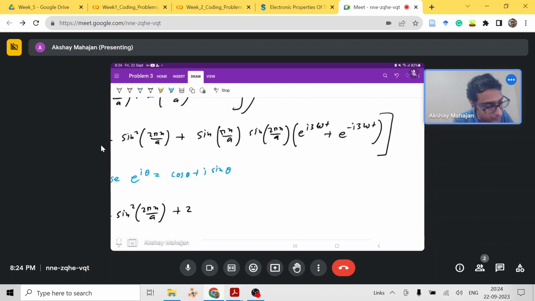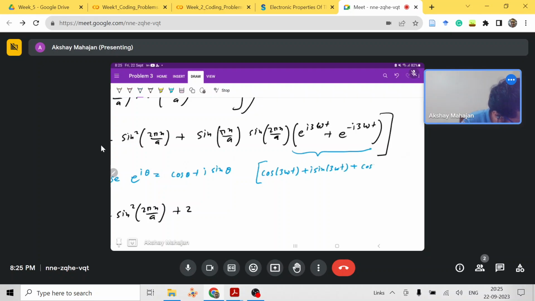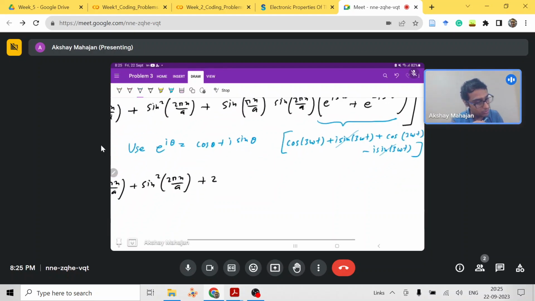Okay, so just open this: cos of 3 omega t plus iota sin of 3 omega t plus cos of minus 3 omega t minus iota sin of 3 omega t. Alright, so this plus this two will just cancel out because the minus will go out, and this minus of this will be just the same, so it will be just cos 3 omega t.